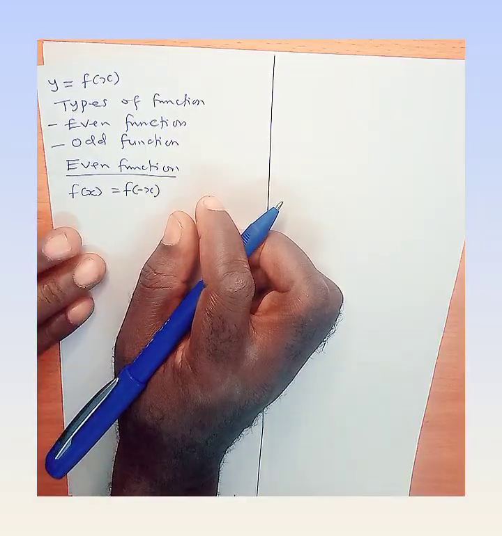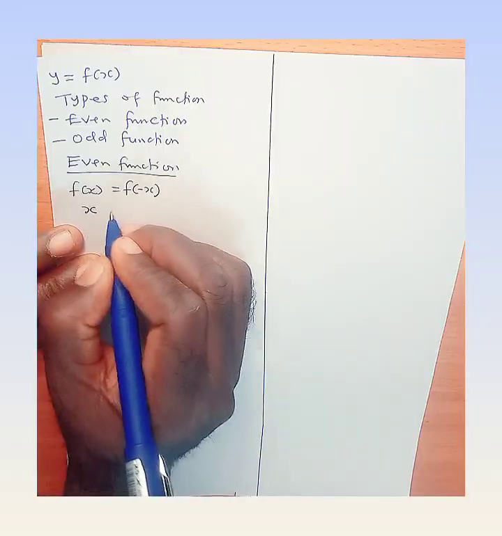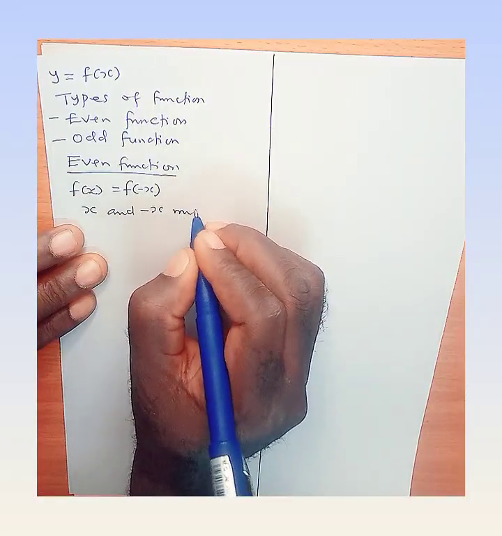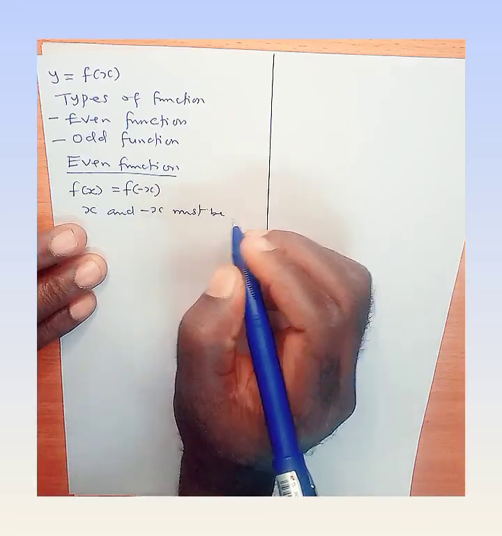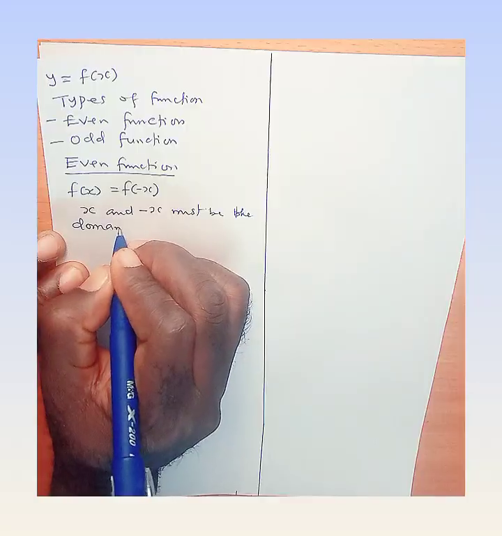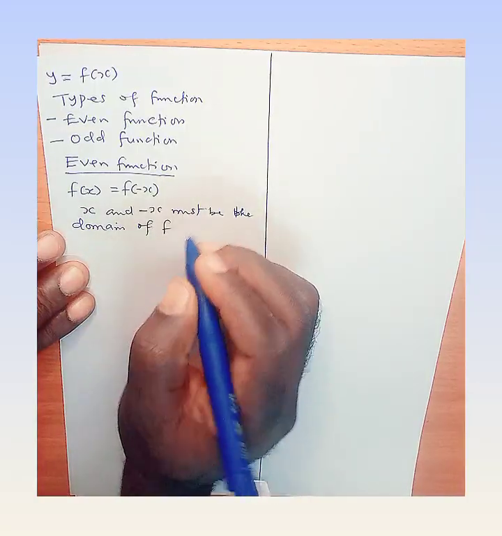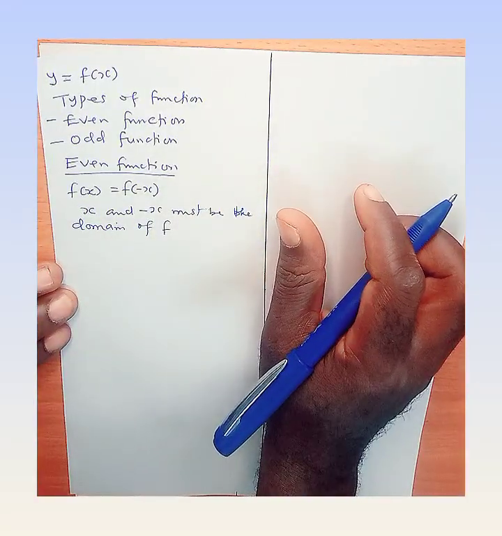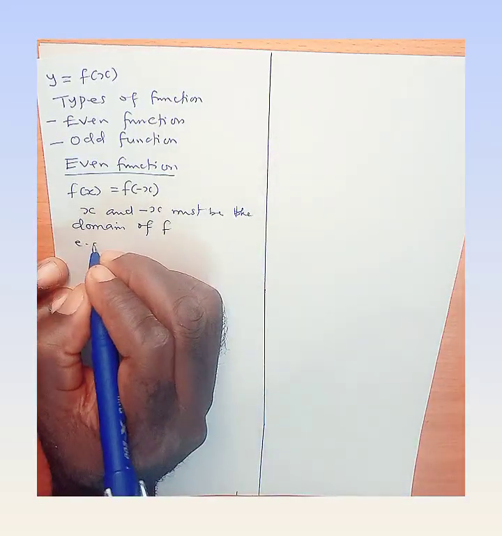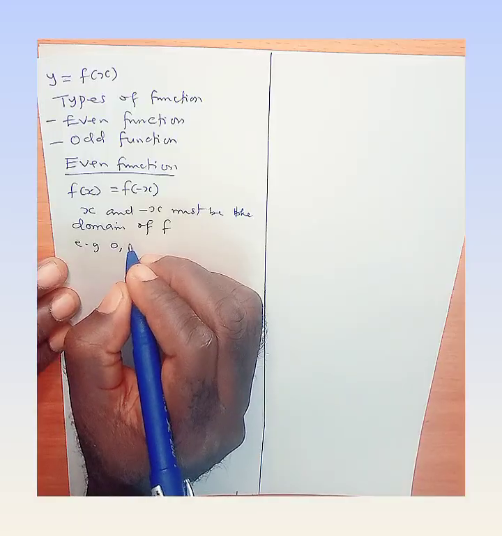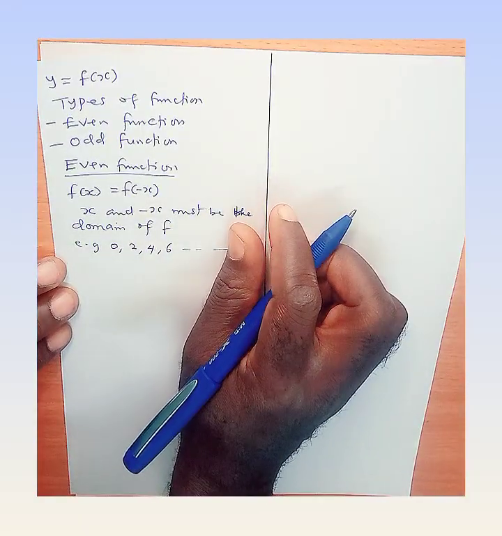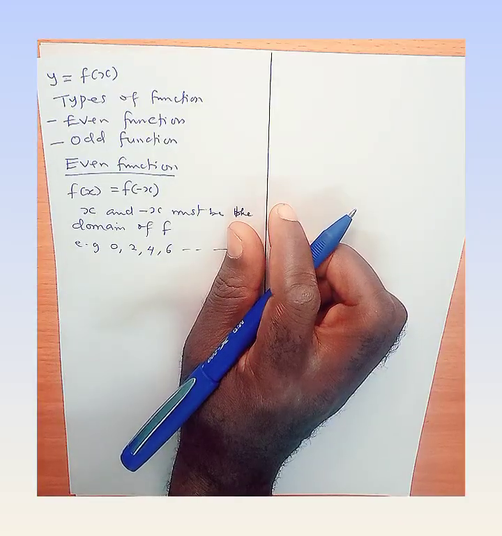And this means that both this x and minus x must be in the domain of f. Here, the power of even functions is even. Power, like if you have power 0, power 2, power 4, power 6, and so on, then such function is regarded as an even function.